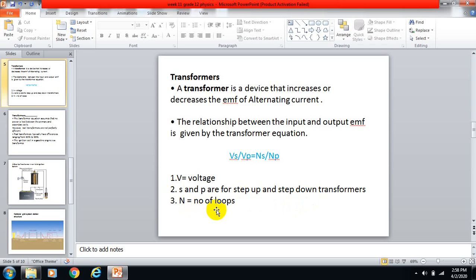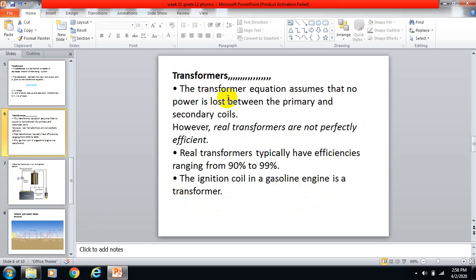N is the number of loops, or turns. The transformer equations assume that no power is lost between the primary and secondary coil. Understand? We have primary and secondary coils here, by the way.